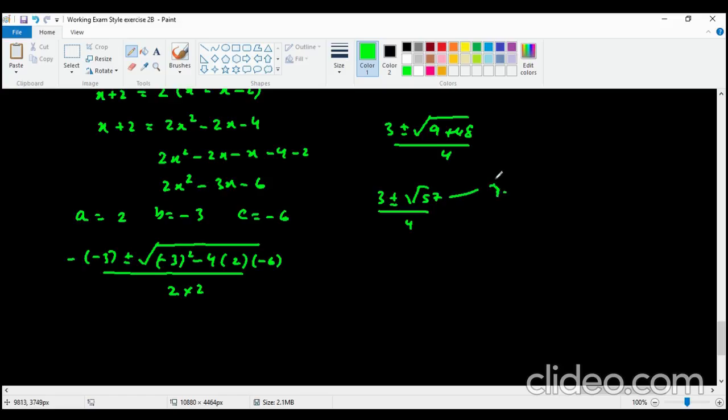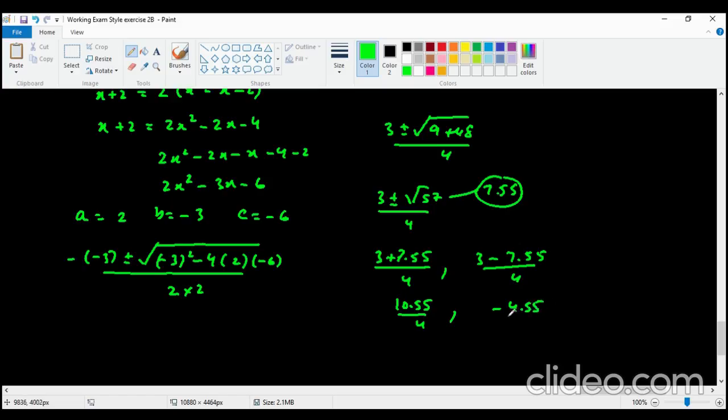And 57 under root is going to give us 7.55. This is the value of under root 57. So I will write 3 plus 7.55 over 4 and 3 minus 7.55 over 4. When added together, this gives us 10.55 divided by 4, and this gives us negative 4.55 over 4.